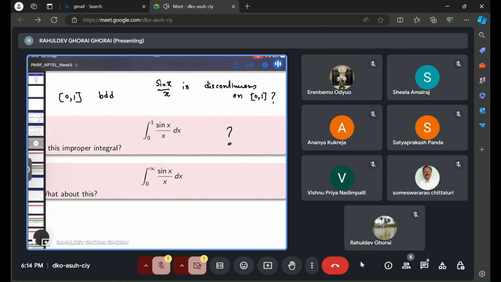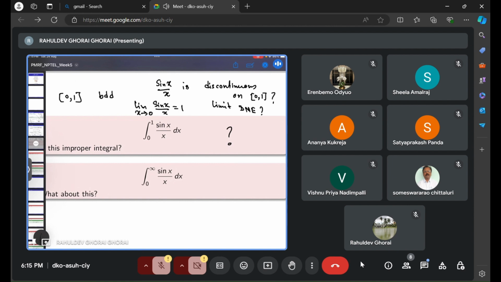Mainly not discontinuous, limit does not exist. Do you see anything here? Although if you just put 0, that might not be defined. At 0 it might not be defined, but the limit as x tends to 0, we have already observed sin x over x is 1, right? It is finite, right?